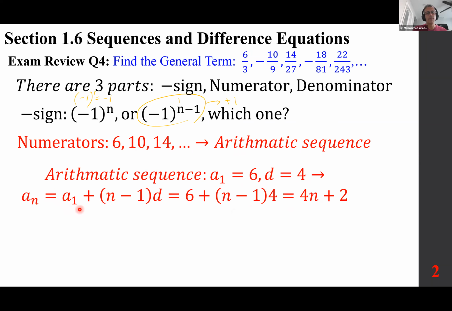A sub n equals 6 plus n minus 1 times 4. And I hope you realize this becomes plus 4n minus 4, and therefore we get 4n plus 2.